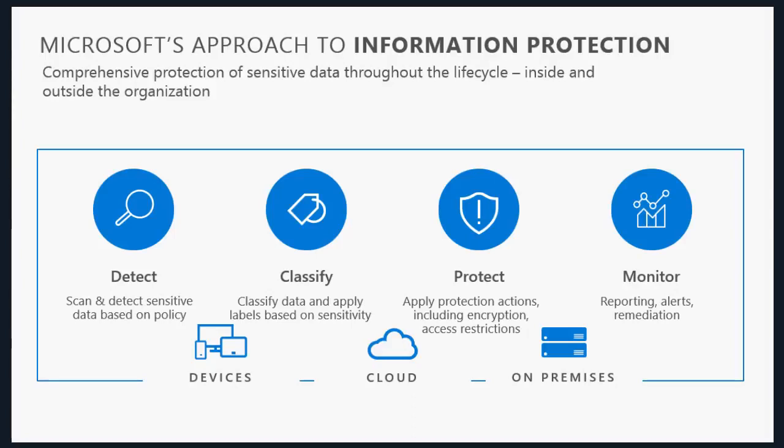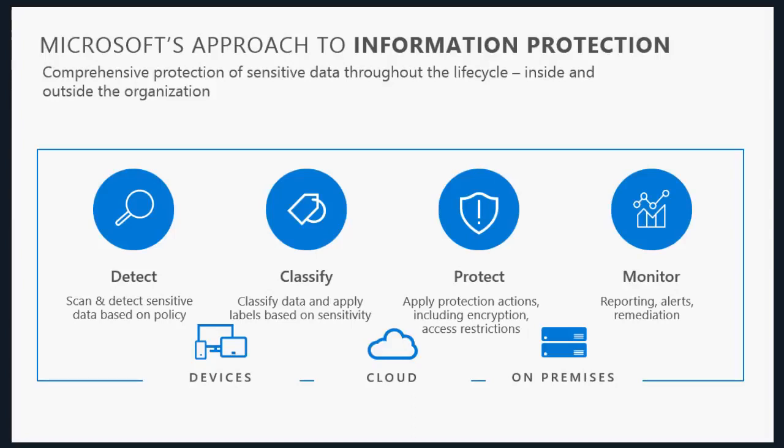So for instance, if your marketing organization is working on a new campaign and you, for some reason, want to limit the exposure of that file without overprotecting it or without underprotecting it, you can actually specifically enumerate who has what rights organizationally or who has what rights externally to work with that document.